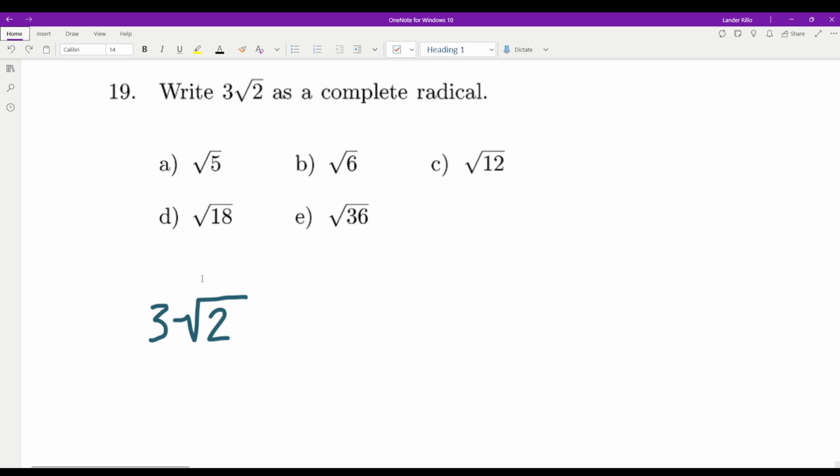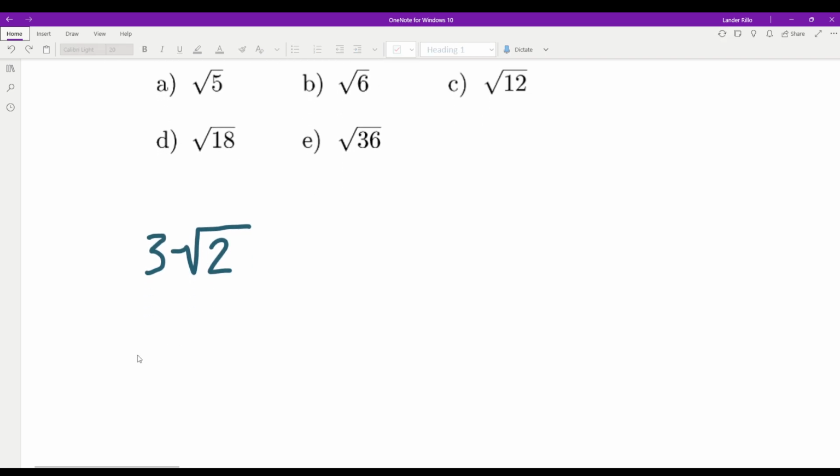You want to square root and then 3 squared. Usually these cancel out and you get 3. But now we want to do the opposite, the reverse. So just 3 square root, 3 squared square root 3.